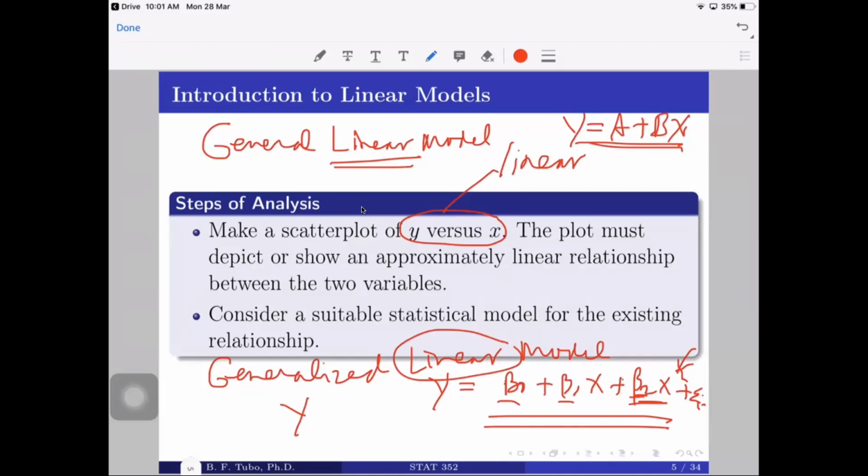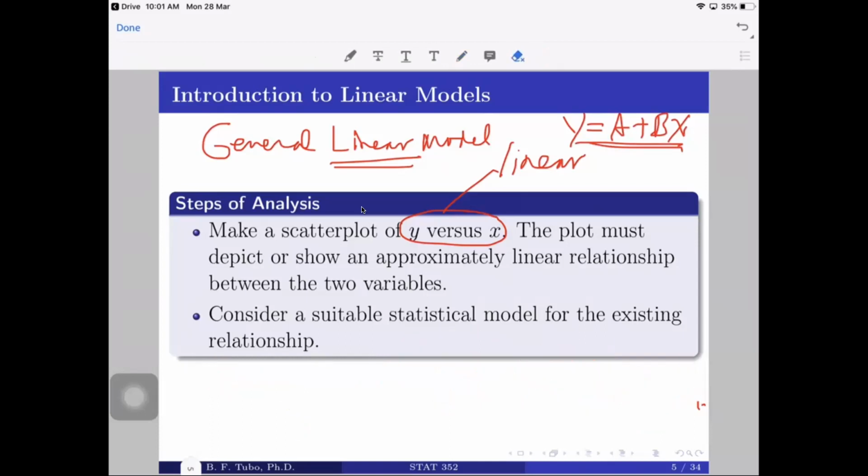An example of this is the logistic regression, which is under generalized linear models. If you look at the logistic regression model, it is S-shaped, so it is not linear in nature, but it will be under the generalized linear.